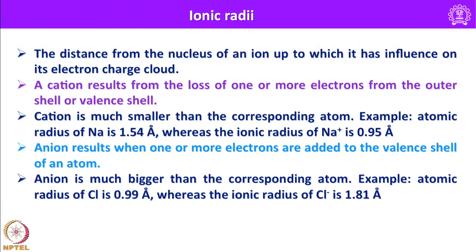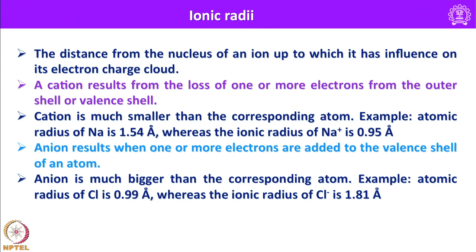A cation results from the loss of one or more electrons from the outer shell or valence shell, and a cation is much smaller than the corresponding atom. For example, the atomic radius of sodium is 1.54 angstrom unit, whereas the ionic radius of the sodium plus ion is 0.95 angstrom unit.